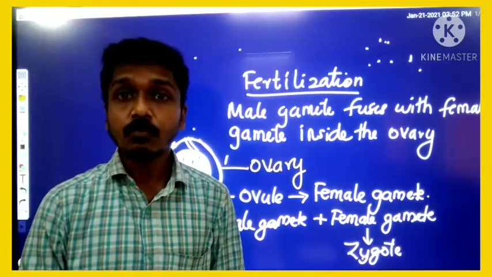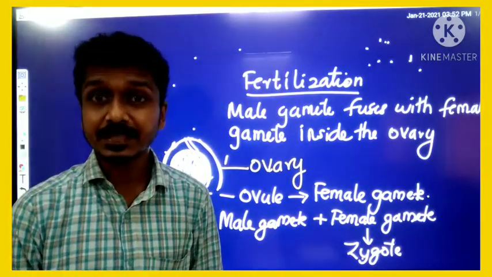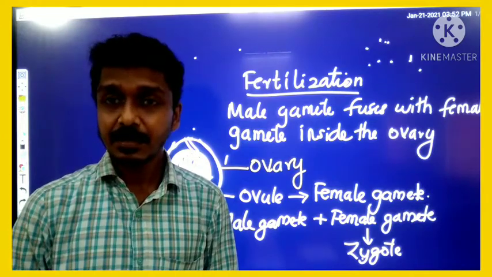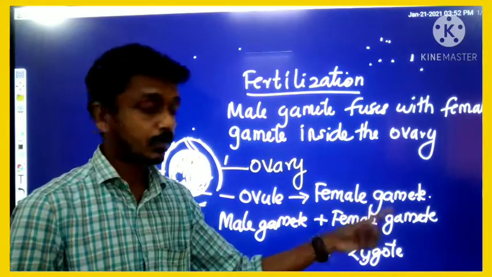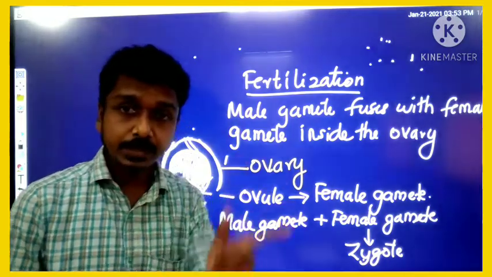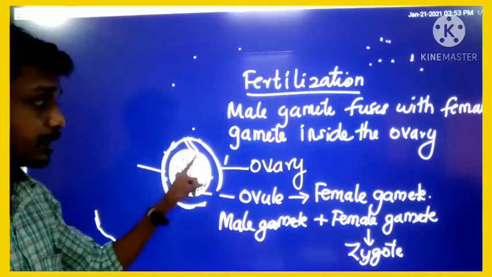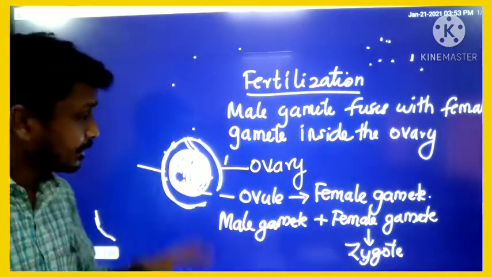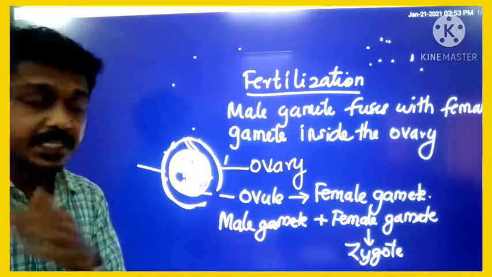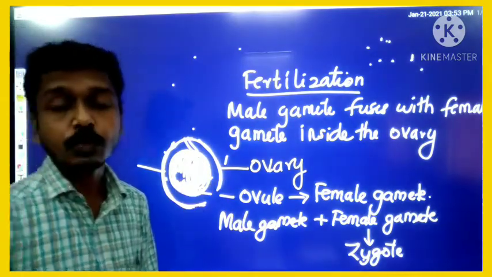Fusion of male and female gamete causes the formation of zygote, and this takes place inside the ovary. So the ovule becomes the seed and the ovary becomes the fruit. Clear? I hope you understand it.